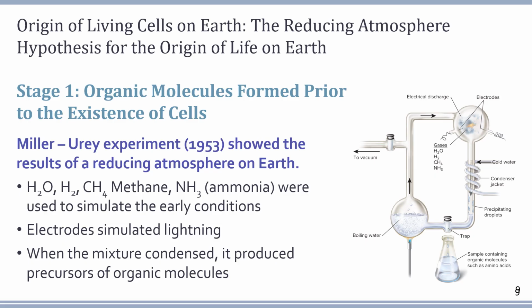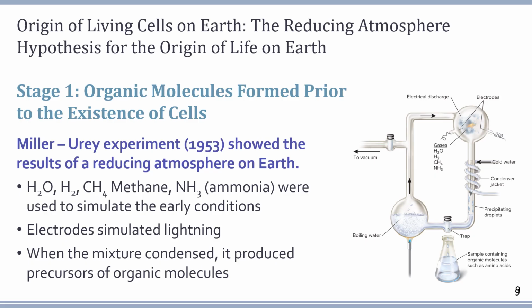So there are 4 stages to this hypothesis, and the first stage is that before you get cells, you have to have the molecules. And if you remember way back to the beginning of Biology 101, your class probably talked about organization and the levels of organization in biology.